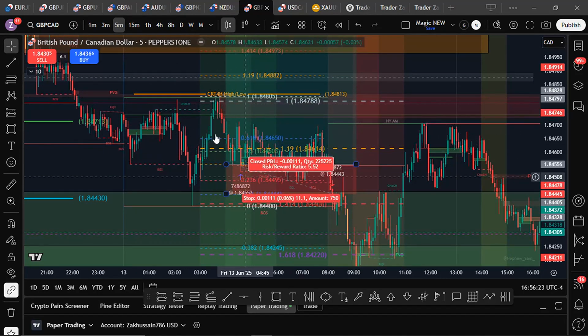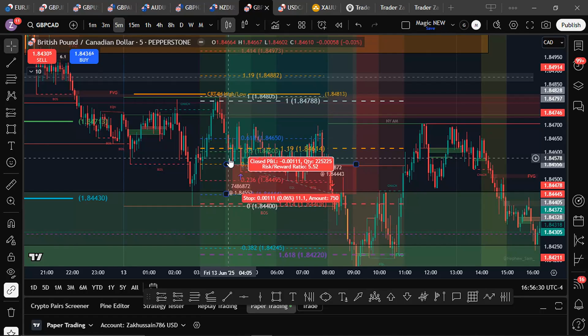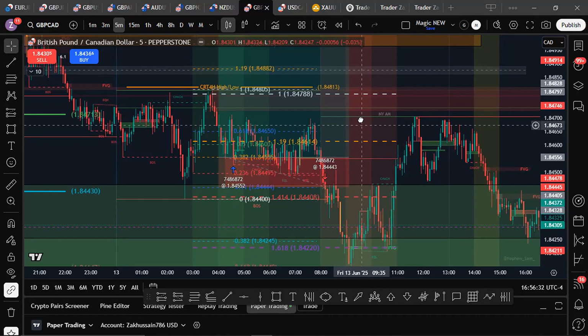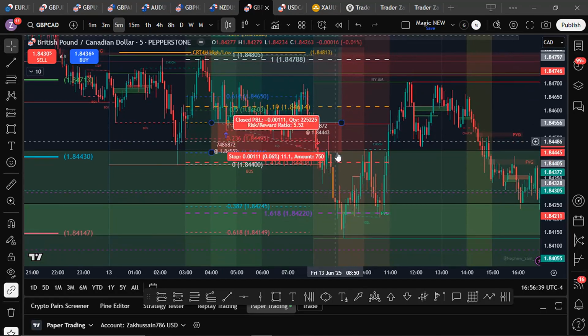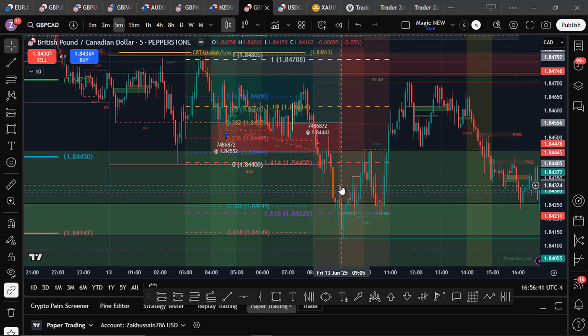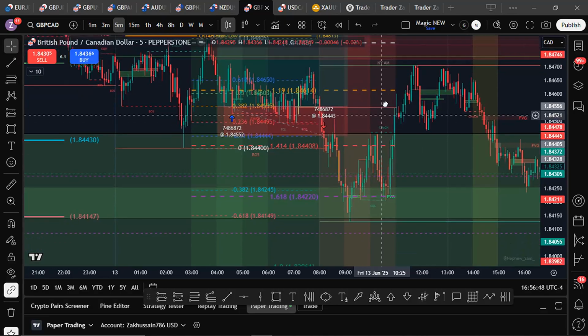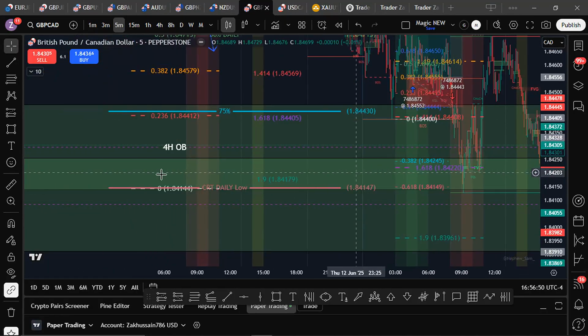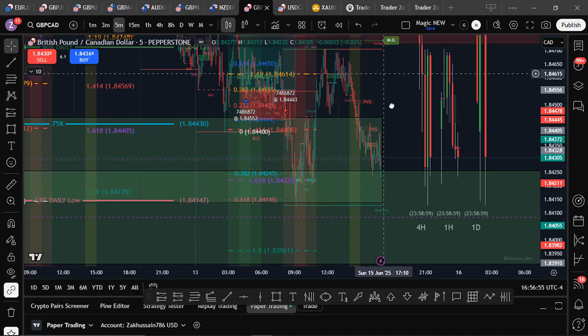Now, it went up in our favor quite a little bit, and then it was wandering away into uncertainty, really. There was no momentum, neither up nor down. And then eventually, as London session came into afternoon and the New York session stepped in, it went against us and hit the lower 4-hour OB, and then bumped up.